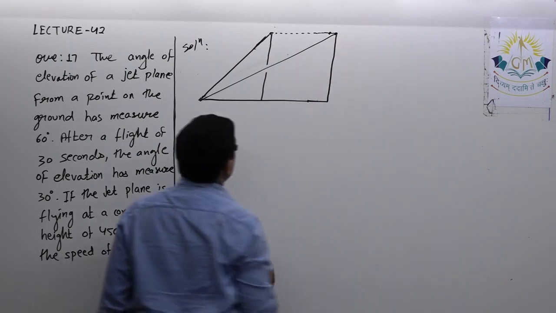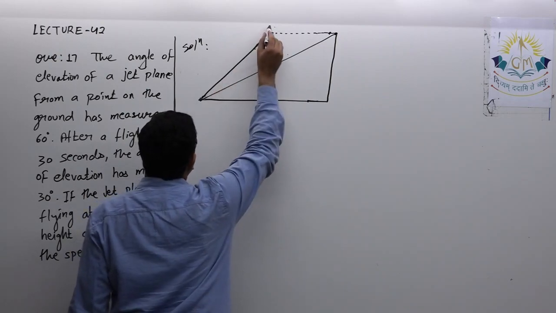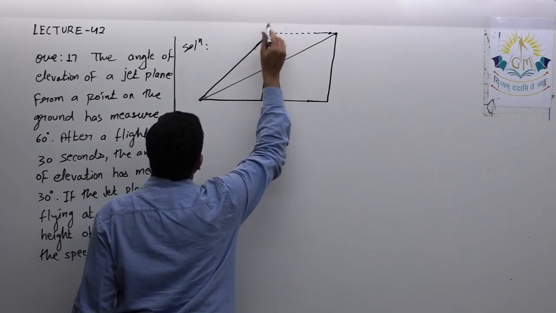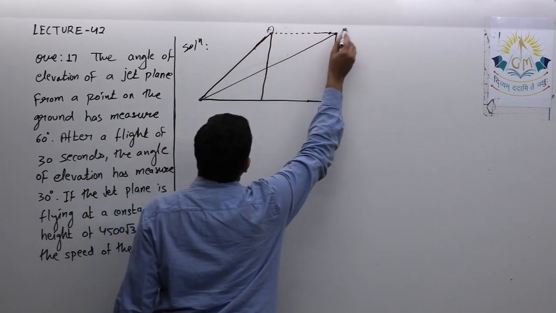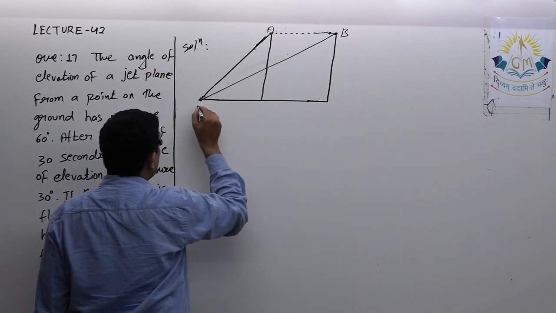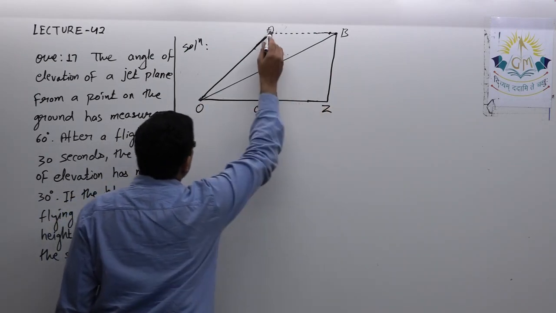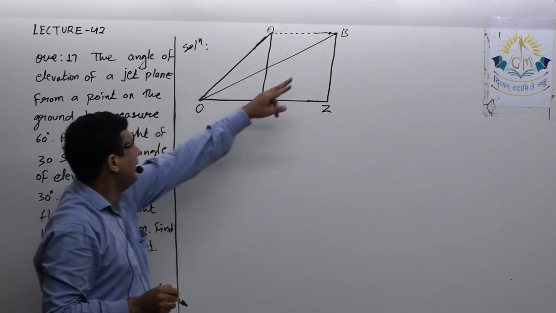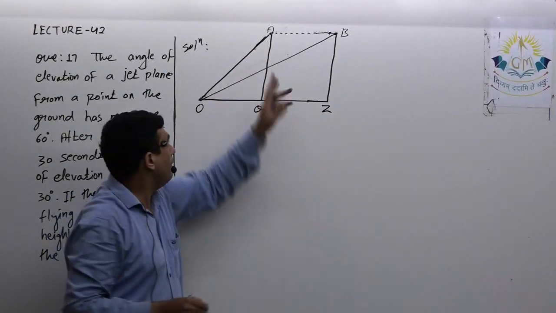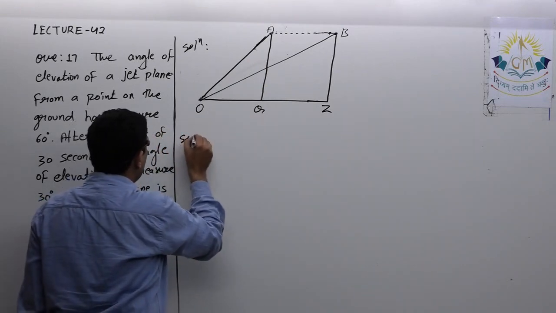Something like this you will get the diagram. Angle of elevation, so suppose this is the first position of the jet plane, this is the position after 30 seconds. Now in first case, let this is O, this Q, Z. So angle AOQ is 60 degree and BOZ is 30 degree. Okay, so let us describe the diagram.